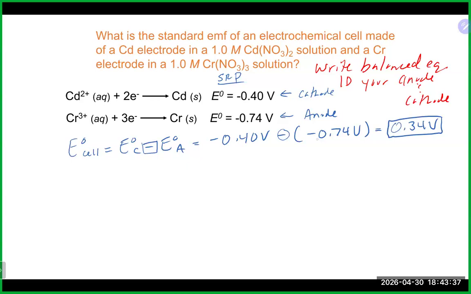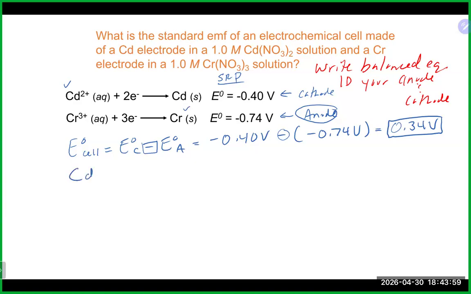Now we also want the balanced overall equation. So technically speaking, this guy right here is perfectly good the way it is written, since it is a cathode, and that is a reduction reaction. Since this guy is my anode, technically speaking, this reaction needs to be reversed.